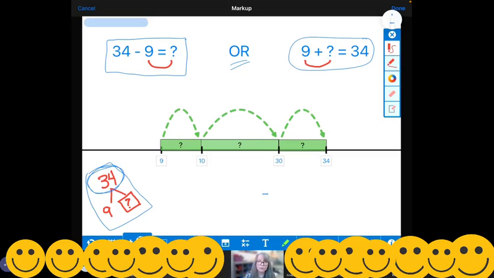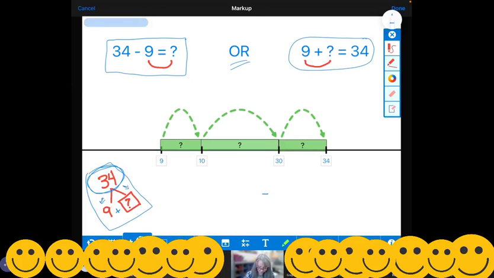And I know that 34 can be made by adding these two smaller parts together, the 9 plus the question mark, or question mark plus 9. If it were a subtraction, I could say 34 take away 9 equals question mark, or 34 take away question mark equals 9. So think about fact families when you're solving subtraction problems.